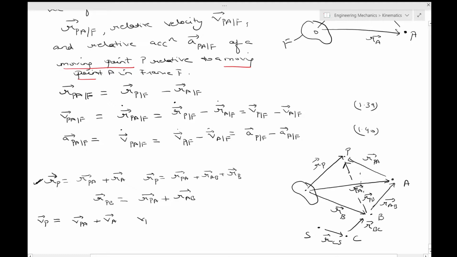Then VP will be equal to VPA plus VAB plus VB, and similarly you can finally have VPB is equal to VPA plus VAB.